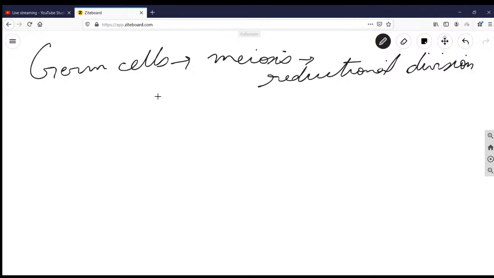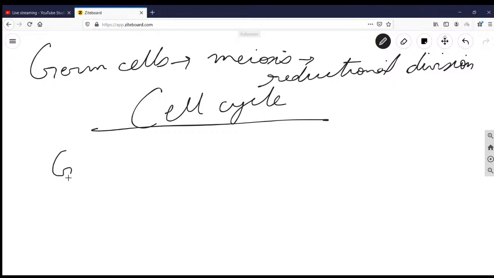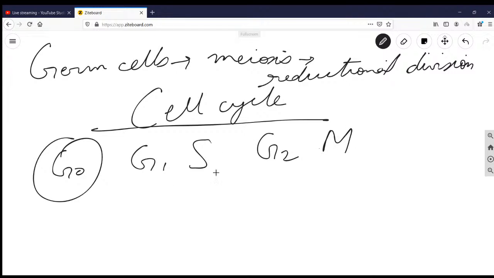I'll simplify it for you: you have G0, G1, S, G2, M. G0 is the quiescent phase, where the cell is arrested. The neurons, the cardiomyocytes, the skeletal muscle cells are all arrested in the G0 phase. Means these cells cannot divide.